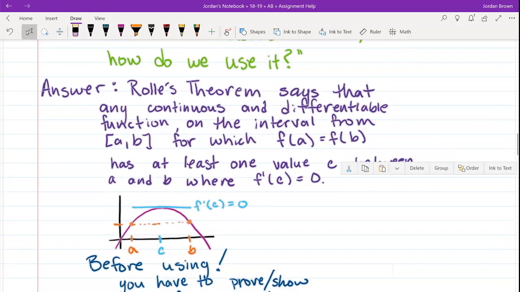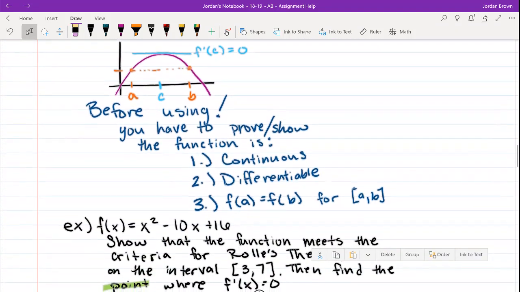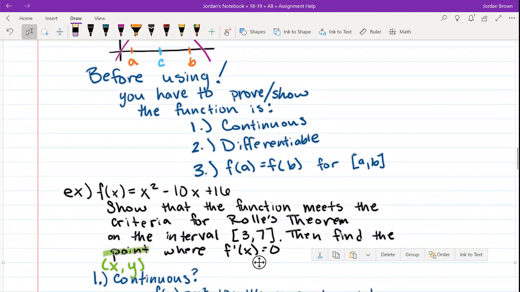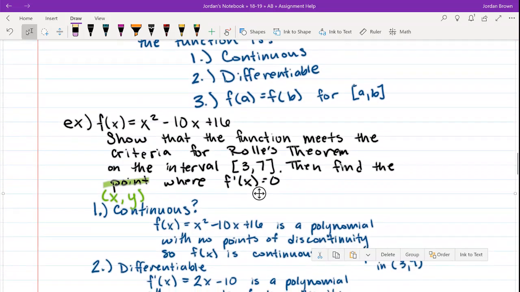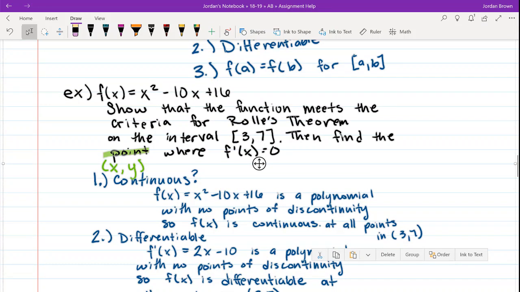Well, this is the Rolle's theorem stuff. Yeah, I didn't go over mean value theorem. No, Chad, I covered extreme value theorem. That was me explaining the endpoints and why we test them.